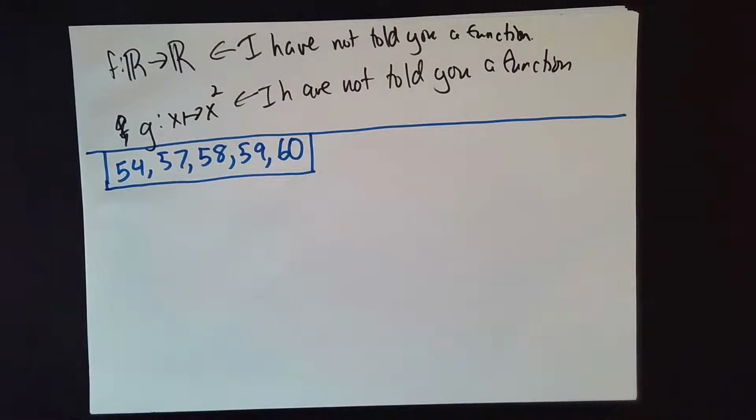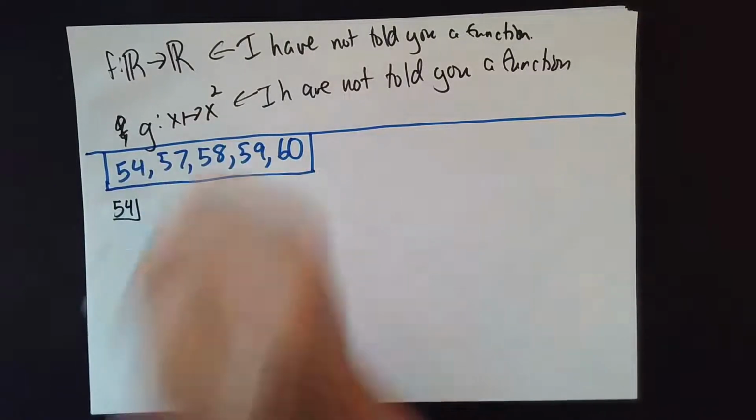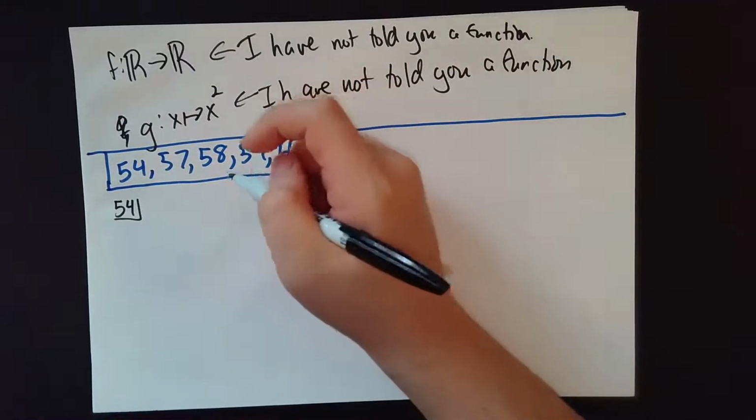Okay, so let's talk about these questions from the homework. So 54 asked, is it true that if A and B are sets, then the power set of A minus B is the power set of A minus the power set of B?